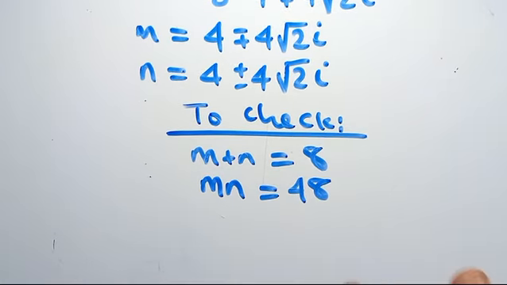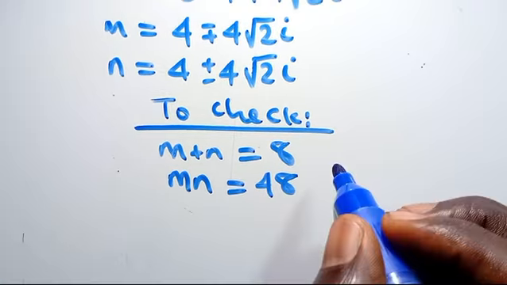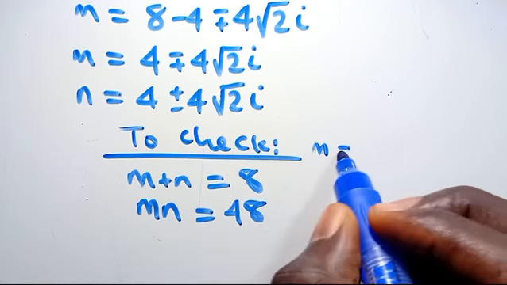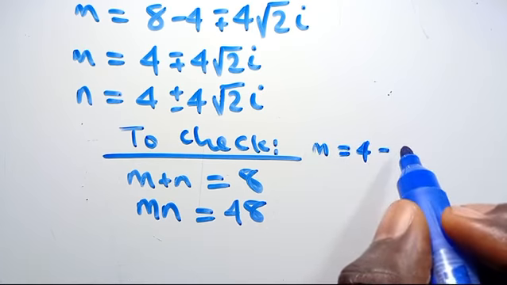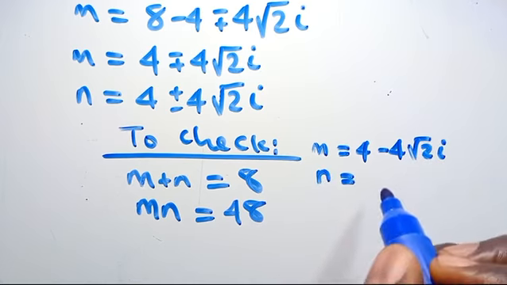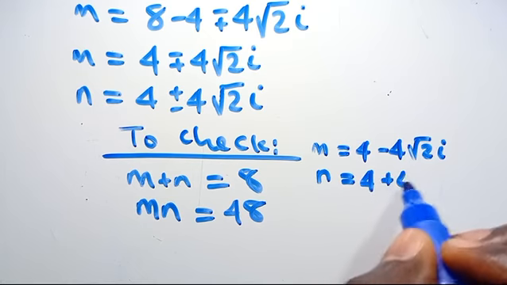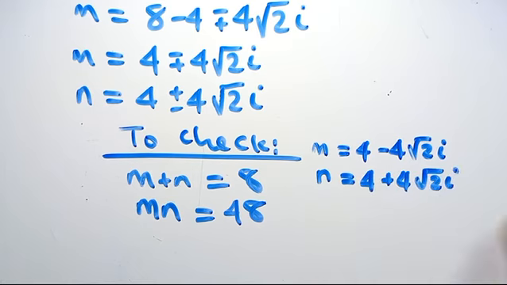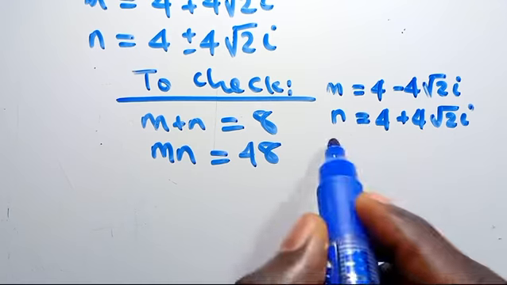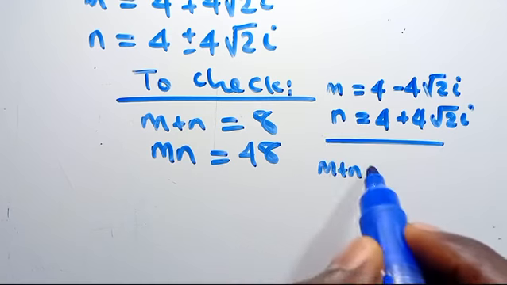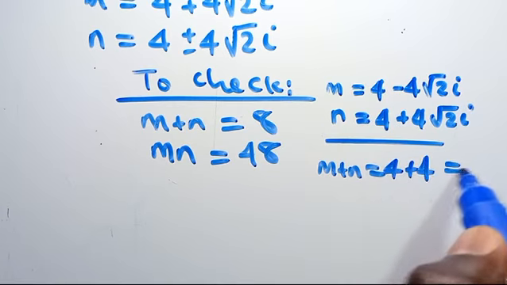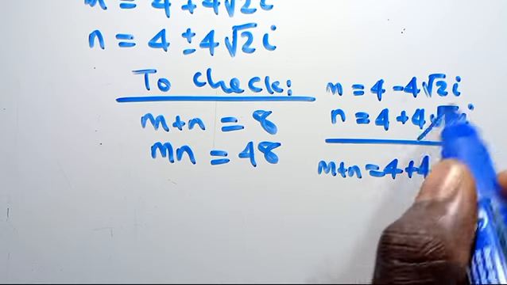Now, for the first one we have m equals 4 minus 4 multiplied by root 2i, n equals 4 plus 4 multiplied by root 2i. Let us now verify the following. m plus n, this will be plus, 4 plus 4, which equals 8. So this will cancel out.